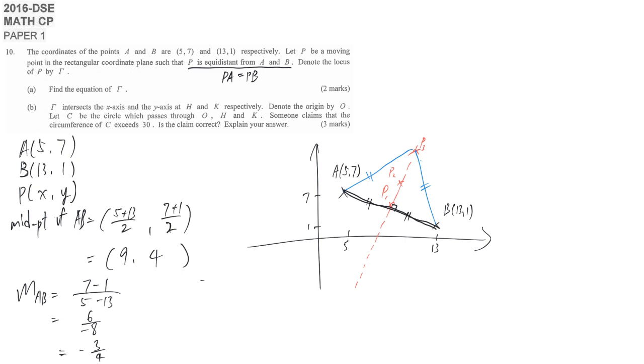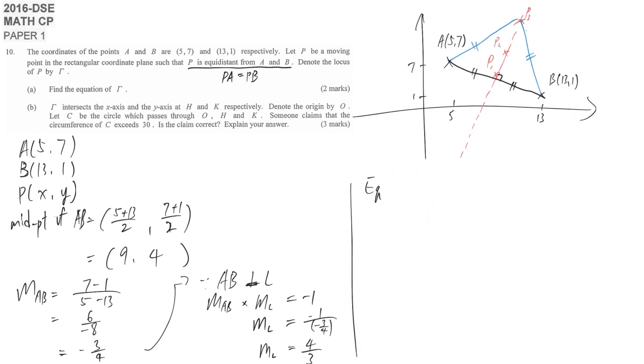Since AB is perpendicular to our locus L, slope AB times slope L should equal to -1. What we are really interested in is the slope of our locus L. So we get 4/3, which is consistent with the drawing because it should be going up.